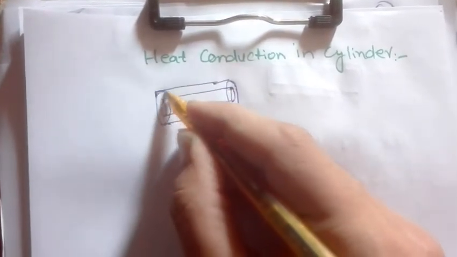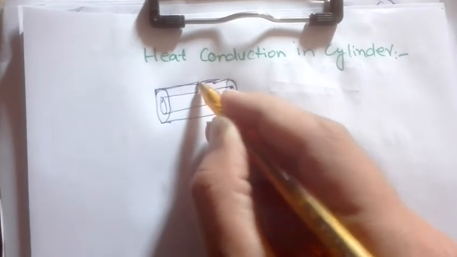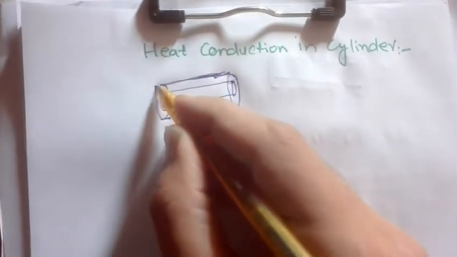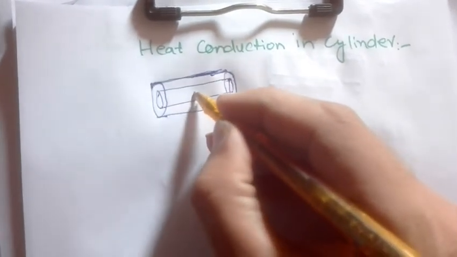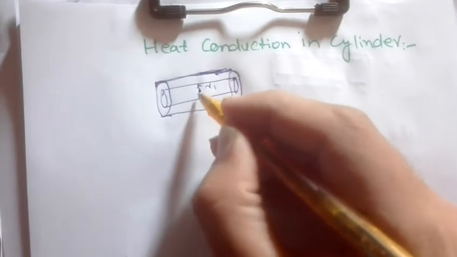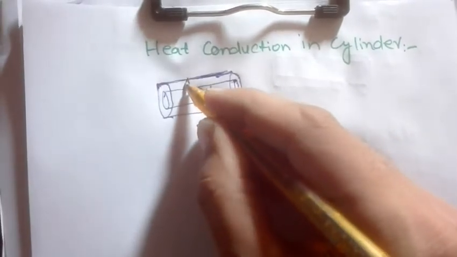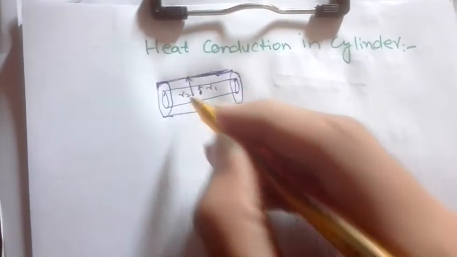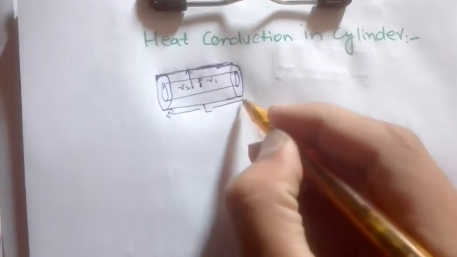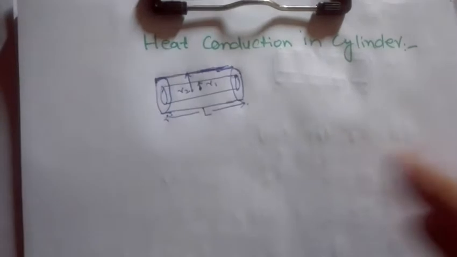The inside radius of the cylinder is R1, the outside radius is R2, and L is the length of the cylinder.